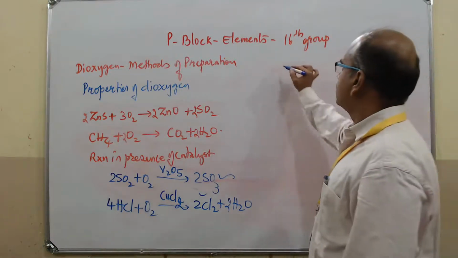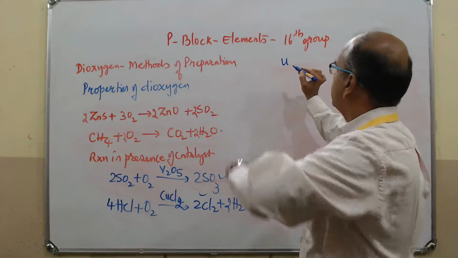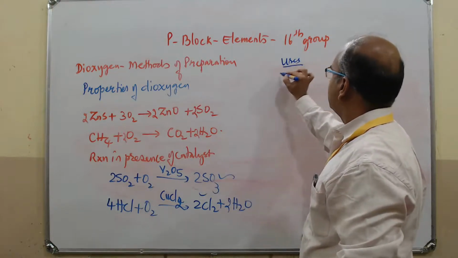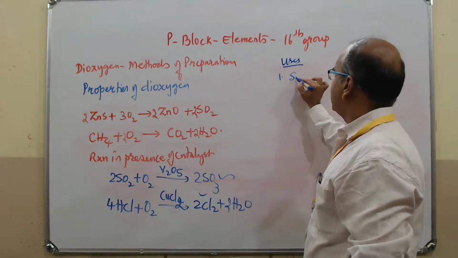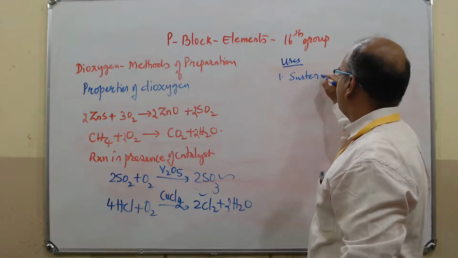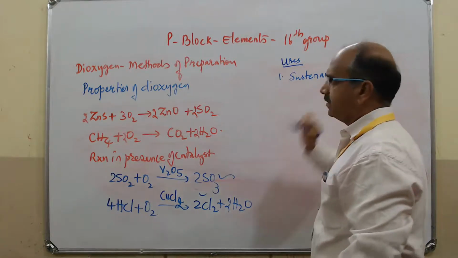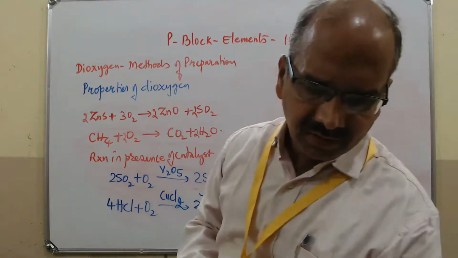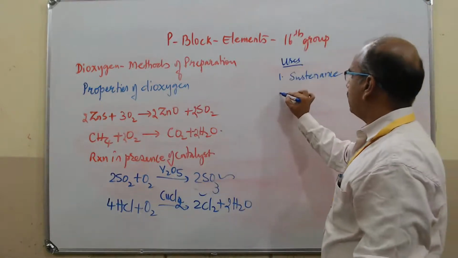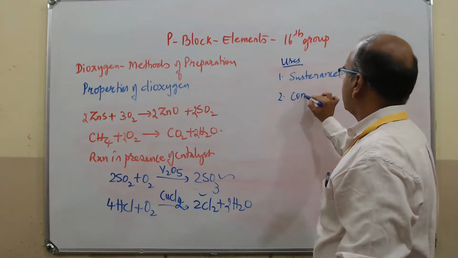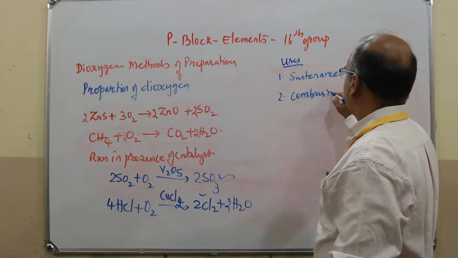Next, uses. Last, we'll take the uses and just finish. For the sustenance of life, continuity of the life, you require oxygen. Then all the combustion process, you require oxygen.